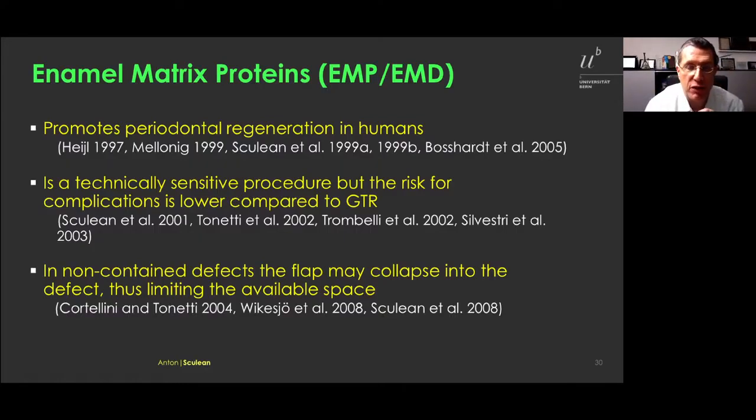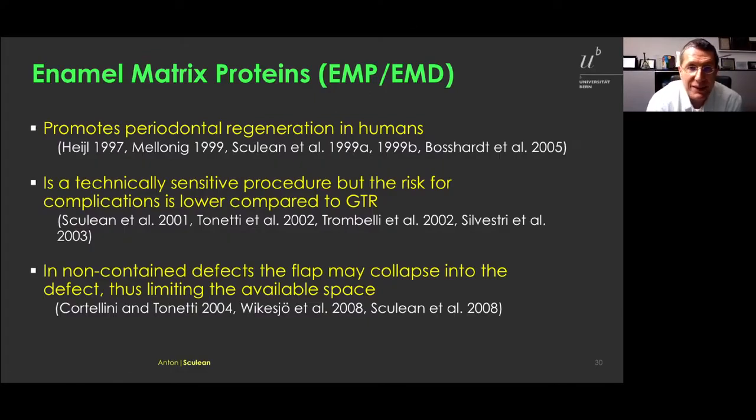The first publication resulted in 97, that these proteins, once applied on the root surface, will attract the periodontal ligament cells, and these periodontal ligament cells will repopulate the root surfaces. In other words, by using enamel matrix proteins, we promote periodontal regeneration in humans.